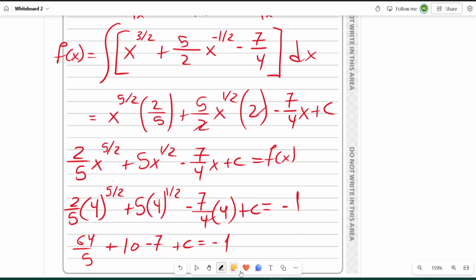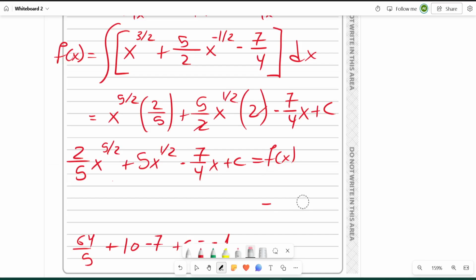So I'll add all these together: 64 over 5 plus 10 minus 7. That is 79 over 5 plus c equals minus 1.